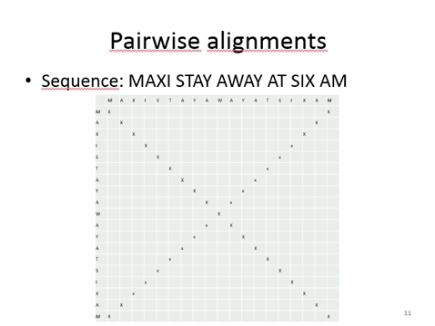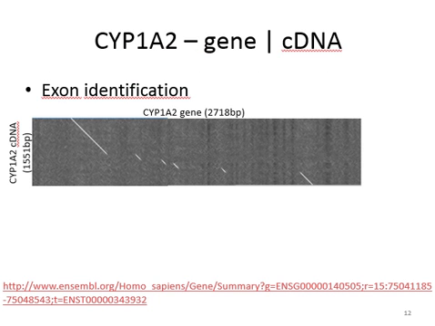Another use of these dot plot alignments, graphical alignments of two sequences, is to identify the number of exons. But then you have to use the full sequence of a gene aligned with the full sequence of the transcript.